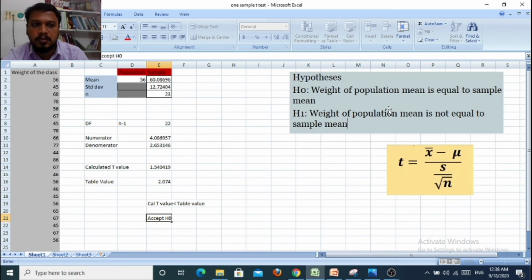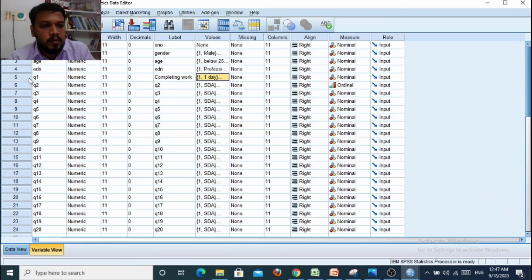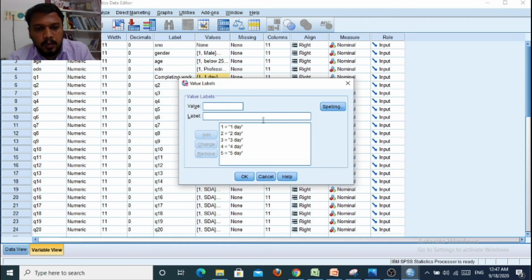Now we are going to see how to perform the same test in SPSS. For calculating one sample t-test, I have selected this variable of completing the work. Completing the work takes 5 days. Different people complete the same work. Some people can complete the work in 1 day, 2 days, till 5 days. So this is the input.